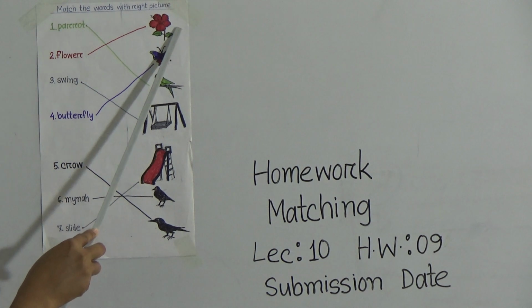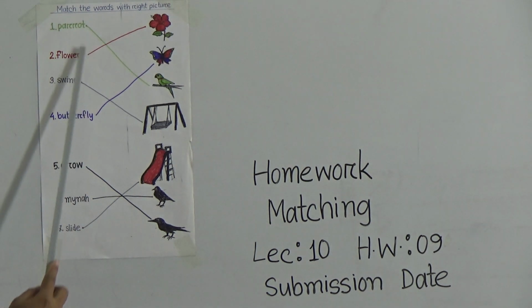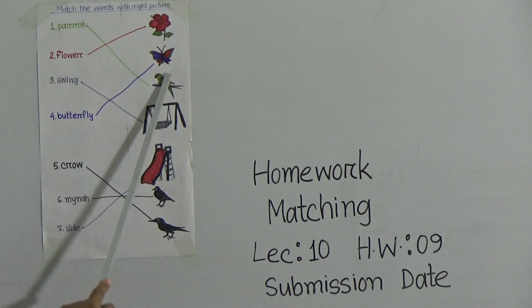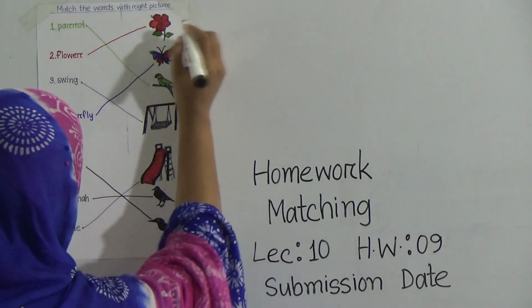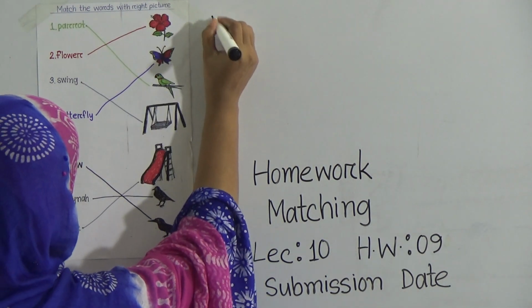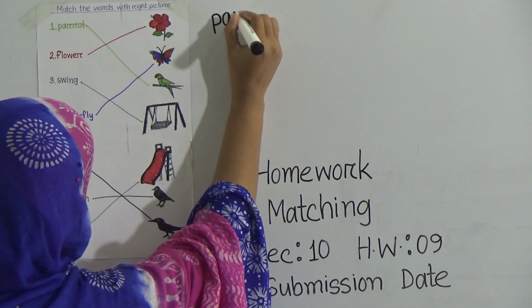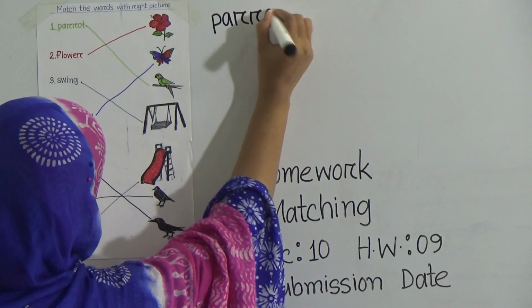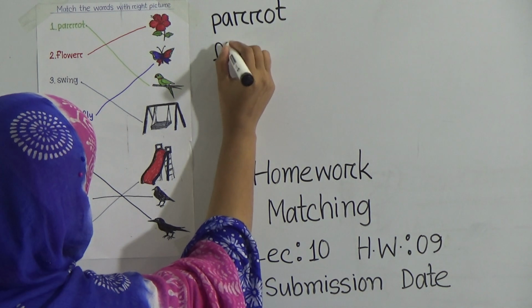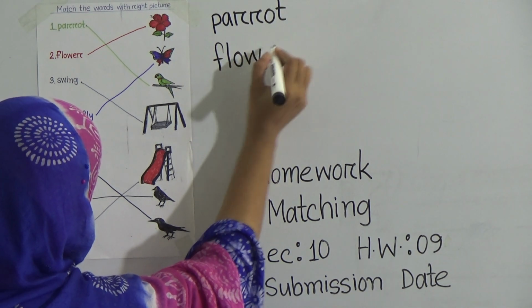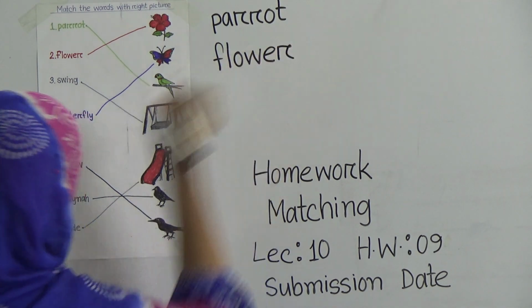You will write flower, F-L-O-W-E-R, flower. And if you can't write or draw the picture of parrot, you can write. Look, I am writing. Here we write parrot, P-A-R-R-O-T, parrot. And here flower, F-L-O-W-E-R, flower.